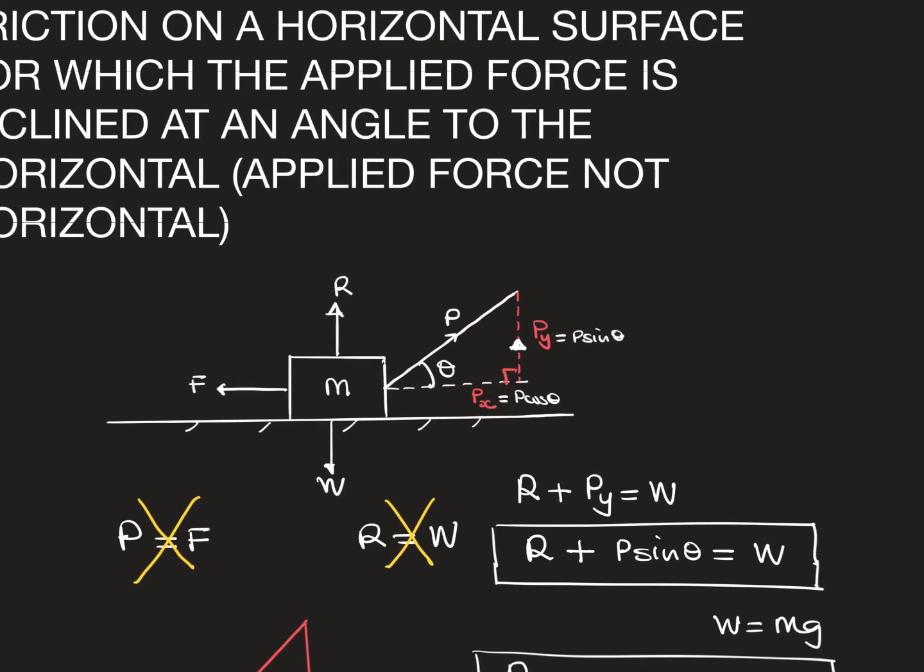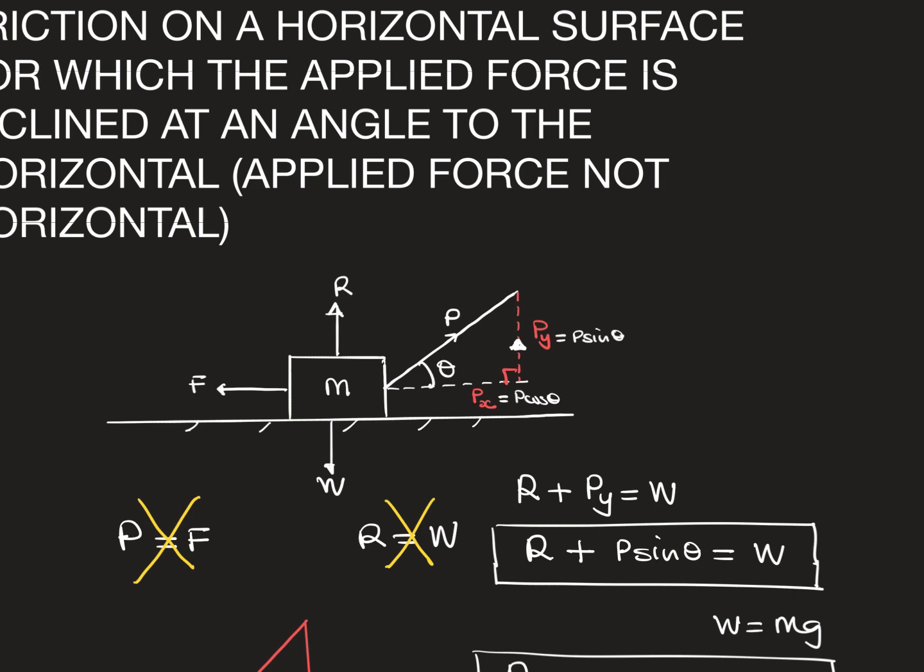and we want to establish the relationship when the body is now accelerating. For this body to accelerate, we know that the P cos theta component of the applied force must be greater than the frictional force. Okay, so for the body to accelerate, the applied force has to be greater than the frictional force.